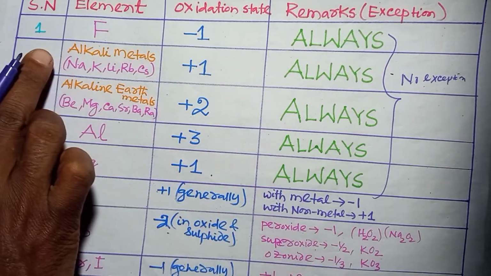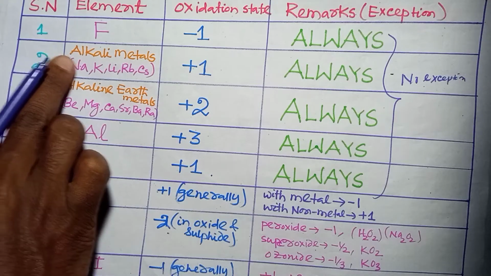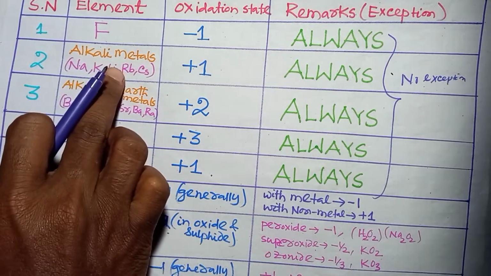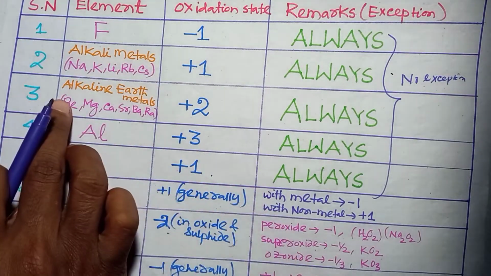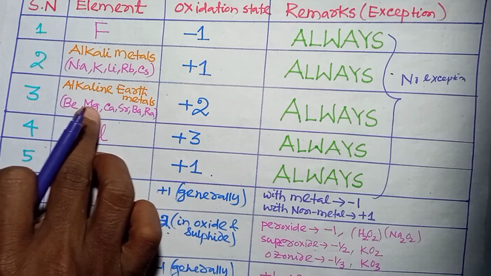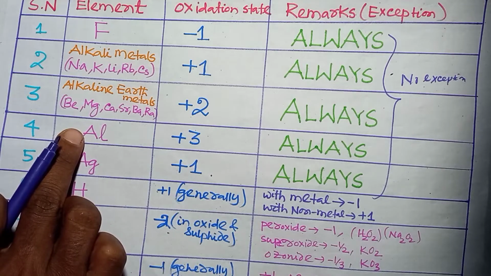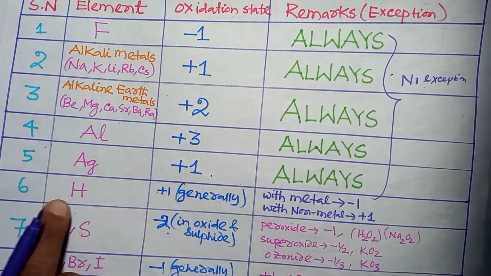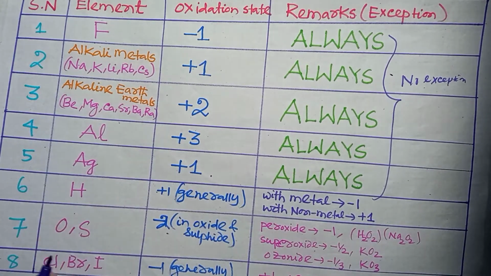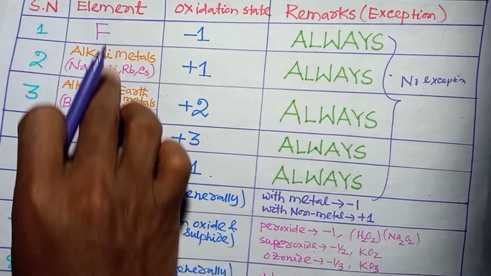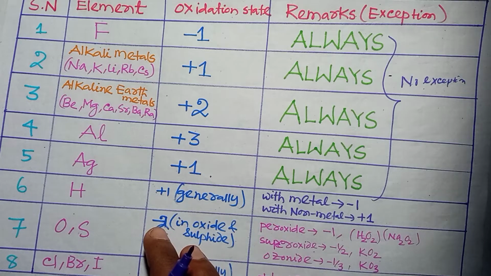Then we look for sodium, potassium, lithium, rubidium, cesium. Then we go for the elements like beryllium, magnesium, calcium, strontium, barium, radium. Then aluminium, then silver, then hydrogen, then oxygen or sulfur, then chlorine, bromine, iodine. In this order we have to go through.